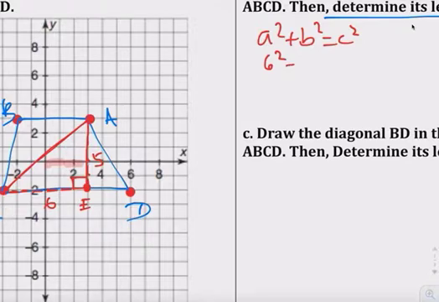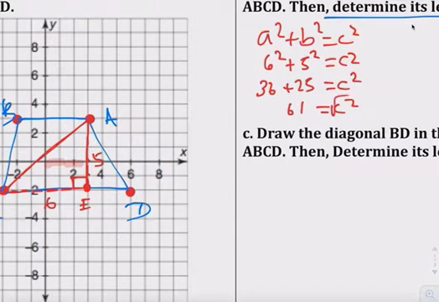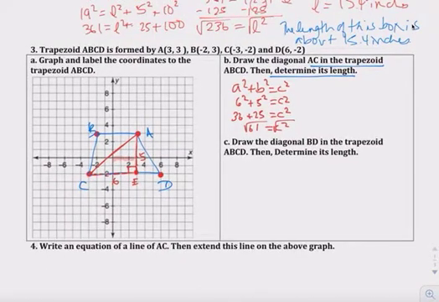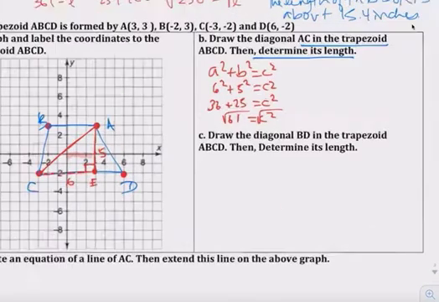So to find the distance there, A squared plus B squared equals C squared. 6 squared plus 5 squared equals C squared. 36 plus 25 equals C squared. 61 equals C squared. The square root of 61 is 7 point something. The square root of 61 is equal to 7.81.